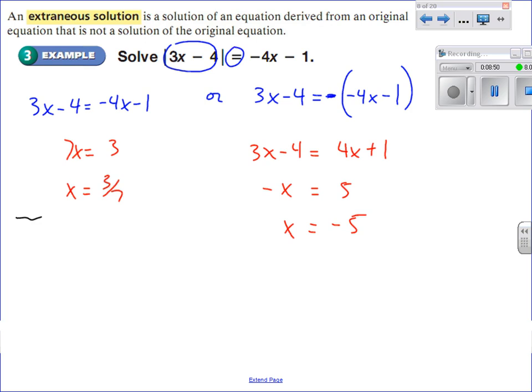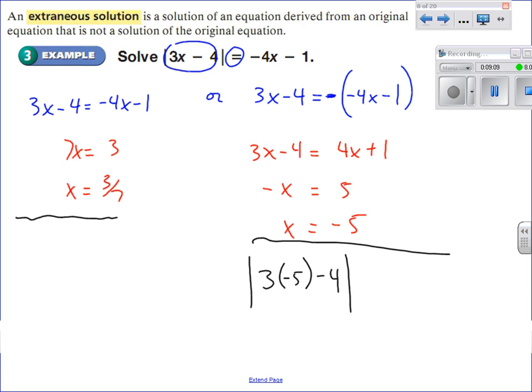Okay, so now I'm going to be more formal. I'm going to show you the check this time. I'm going to plug this negative 5 in, and basically back to the original equation. You always go back to the original equation in case you made some sort of math error along the way. So 3 times negative 5 minus 4, absolute value, equals minus 4 times negative 5 minus 1.